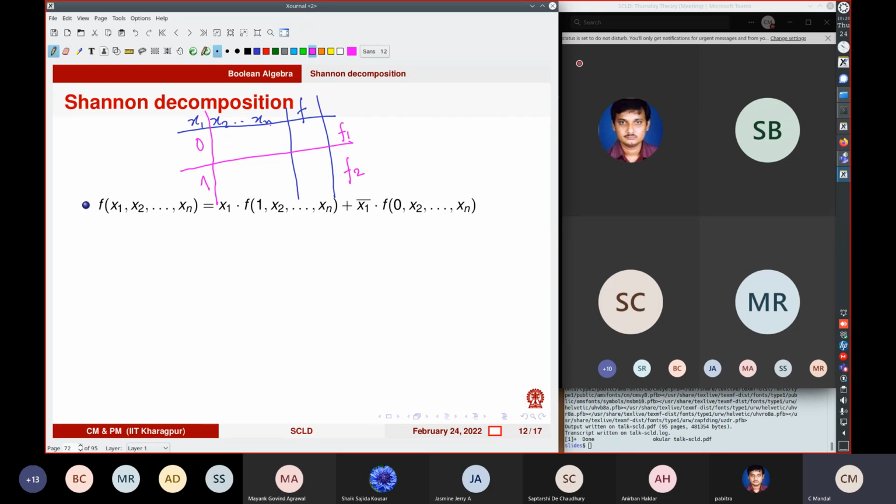So this is one truth table, a smaller truth table.